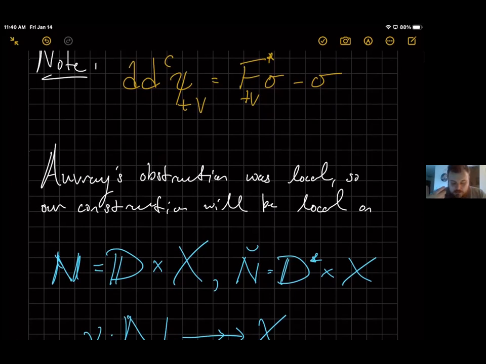we're going to construct a local model that will present an alternative that is no longer obstructed the way that Auvray's obstruction illustrated for the Poincaré-type case.